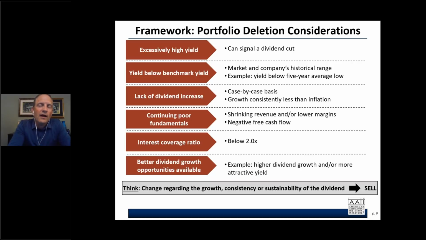A company with an interest coverage ratio below 2 times is a potential signal for a sell from the portfolio. And you can just think that if there's a change regarding the growth, the consistency, or the sustainability of the dividend, that would be a strong signal to delete the company from the portfolio.